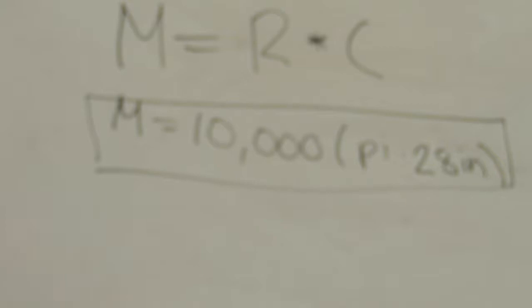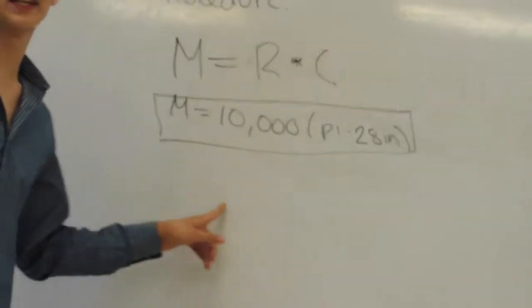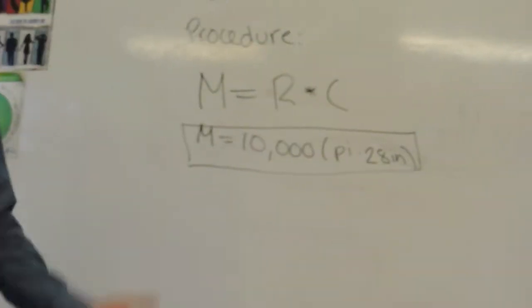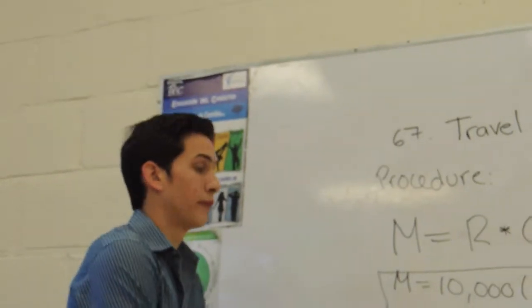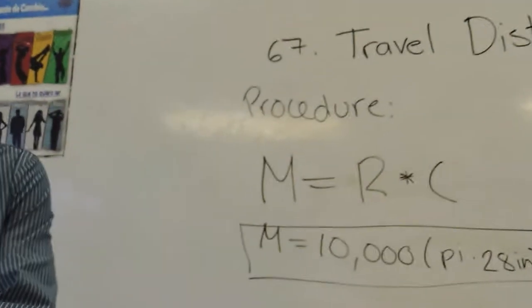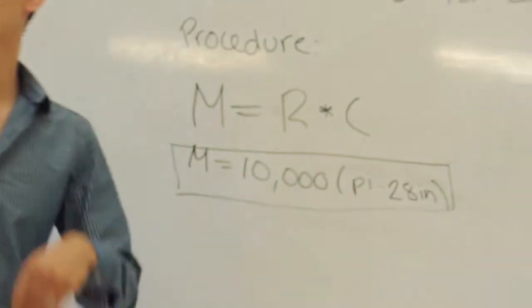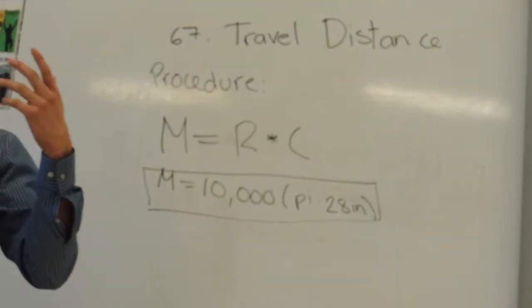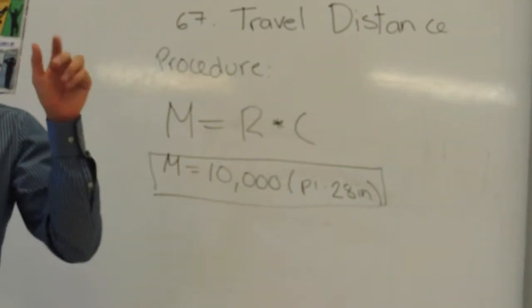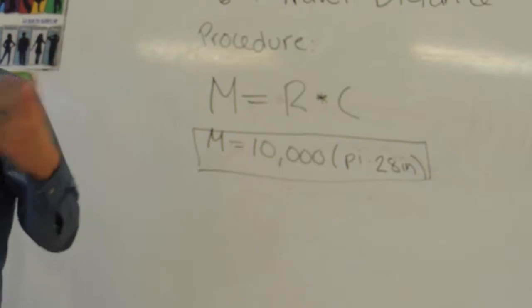And the result of this formula, you need to remember, will be in inches. But they ask us to find the result in miles. So after doing this operation in the calculator, you need to make a regla de tres to pass it to miles.